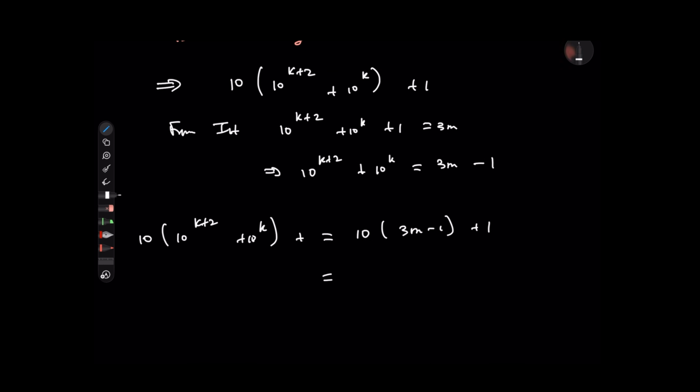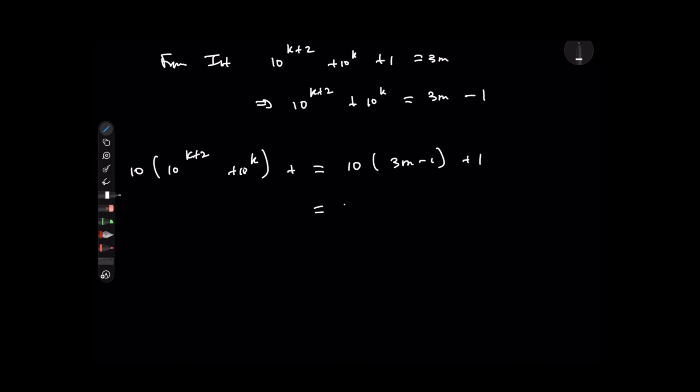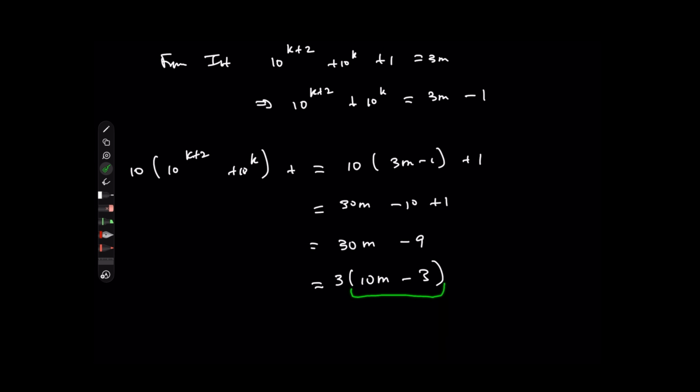Then I would expand the brackets and get 30m minus 10 plus 1, which is 30m minus 9, and then 3 into 10m minus 3. And the same logic applies: this is an integer, and the difference between two integers is an integer. You could call this n as well, and then 3 by n, and the same logic applies.